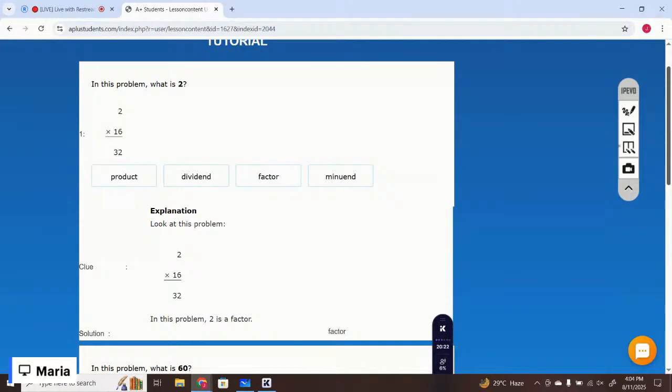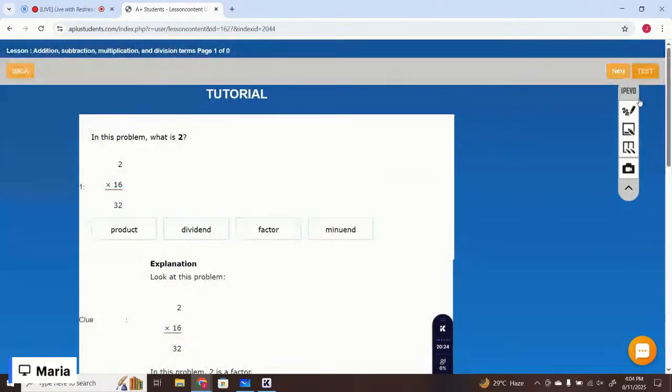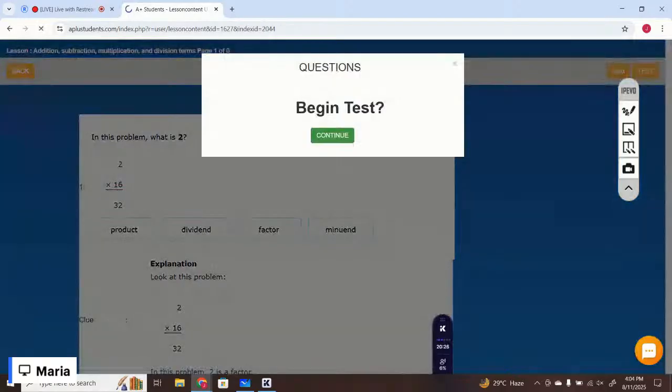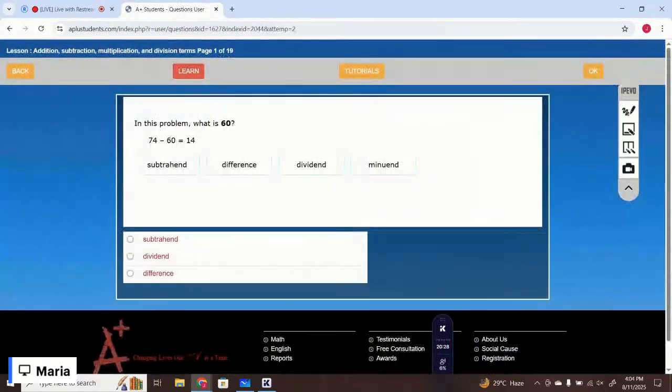Let's just start with the test questions. In this problem, what is 16? 74 minus 60 equals 14. So basically, we're going to learn the term.